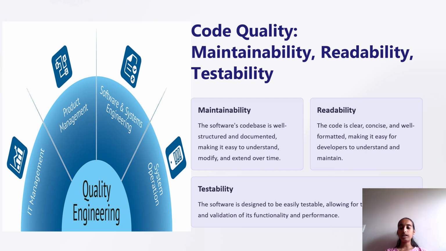The code is clear, concise, and well formatted, making it easy for developers to understand and maintain. Then comes testability, that is, the software is designed to be easily testable, allowing thorough testing and validation of its functionality and performance.